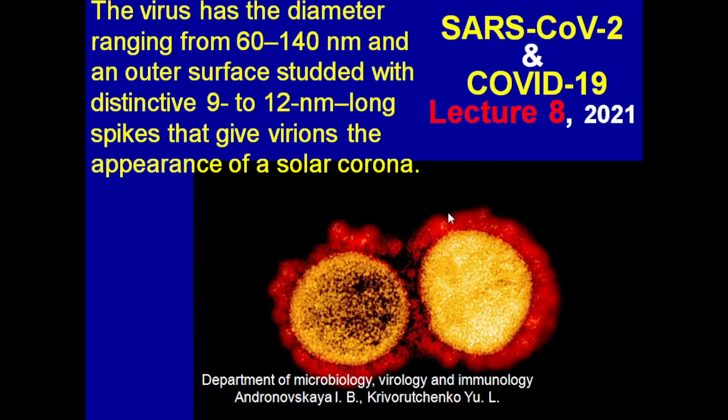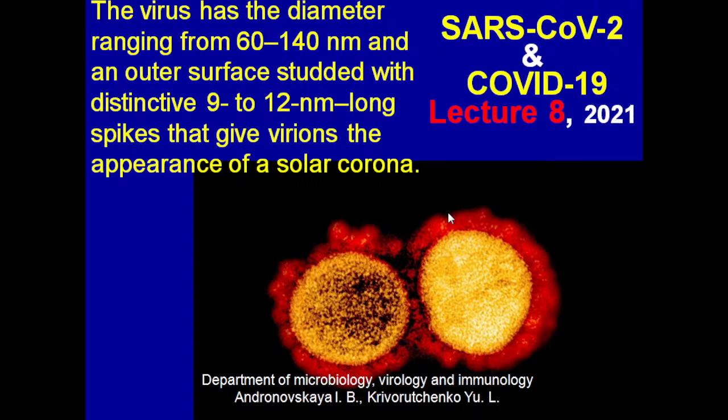I start now, and today's lecture is devoted to our current virus of new concern, that is the SARS coronavirus type 2 and the disease it causes, COVID-19. At the very first slide of our lecture, you can see one of the most current electron photographs of the coronavirus.